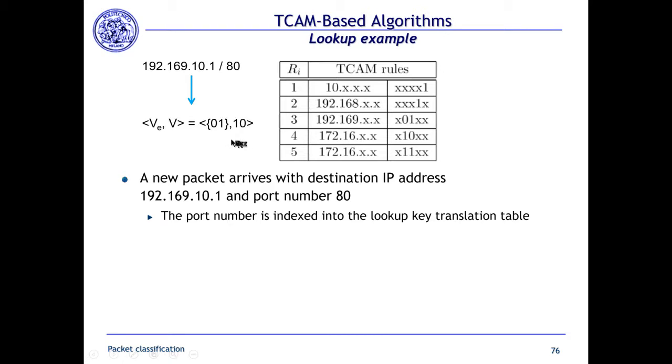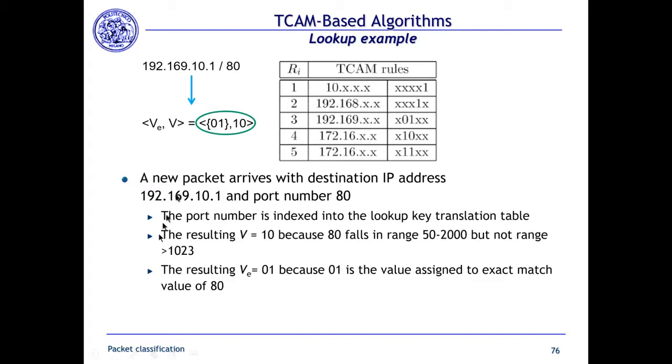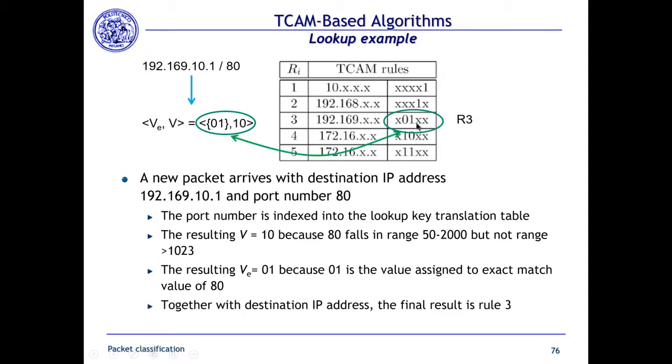And so this is what we have after encoding. Then we can use it to look into the TCAM. The value 10 is because 80 falls into the range between 50 and 2000, and the value 01 is because 80 is equal to 80. And so we find the matching again, but using a reduced number of bits. The 5 bits originally needed are now reduced to only 4.